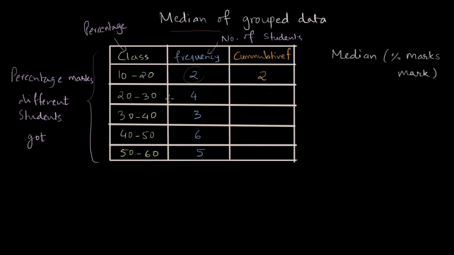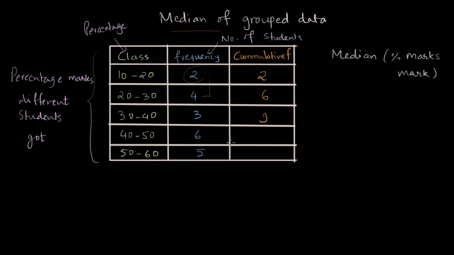For 20 to 30%, what this is saying is how many students got 20 to 30% as well as 10 to 20%. So total 6 students, 4 plus 2, so adding these two. So 6 students have got percentages less than 30. Similarly, the cumulative frequency for the third class, which is 30 to 40%, is 2 plus 4 plus 3, which is 9.